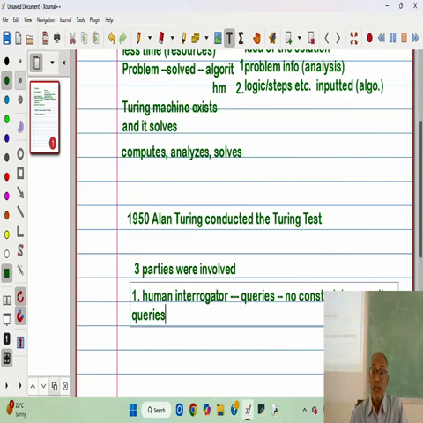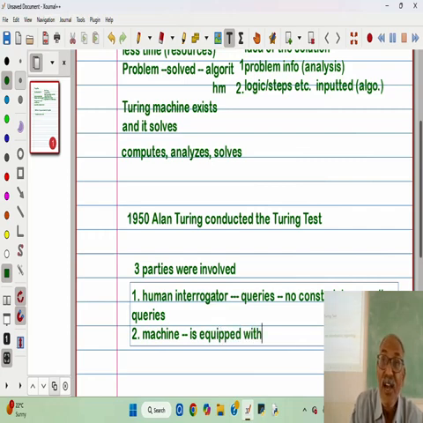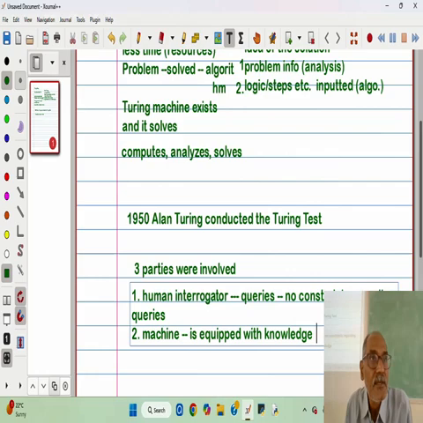And what is the second party? I said three parties would be involved. So the second party is nothing but the machine, and it is equipped with a knowledge base. What is this knowledge base? During its operation, it will be encountering so many scenarios, so many problems it would be facing and solving.